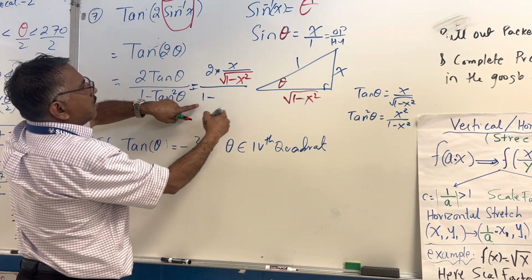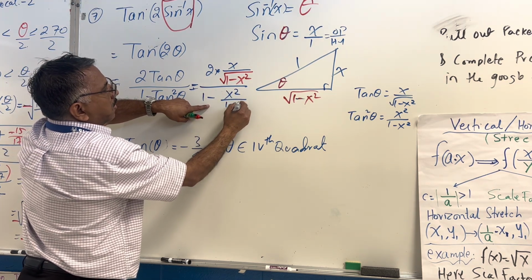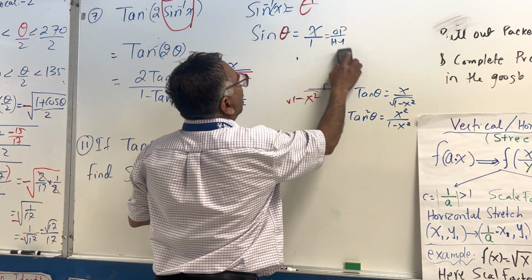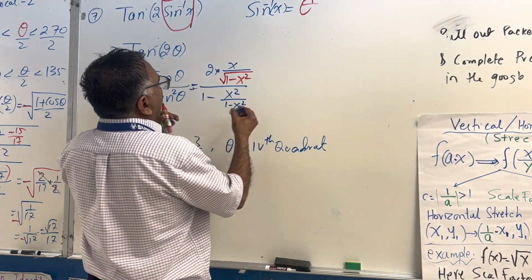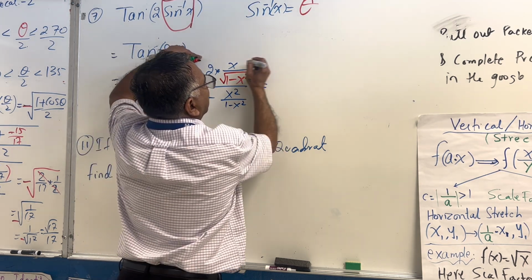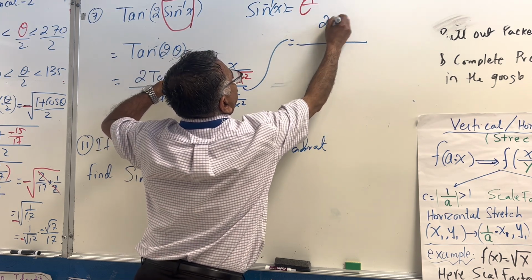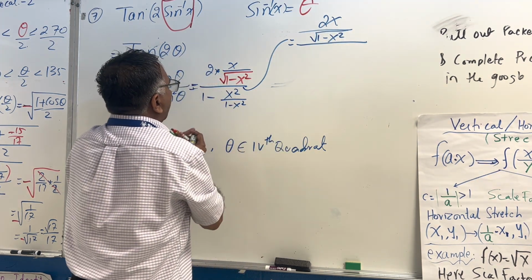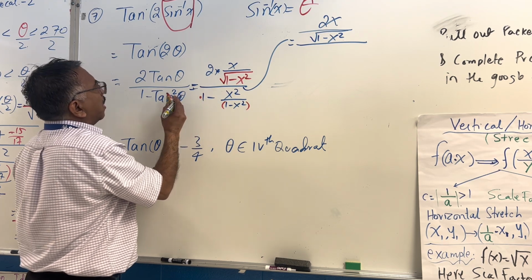Now we need to simplify this. This equals 2x over the square root of 1 minus x squared. And now I need to multiply: there's a 1 minus x squared.